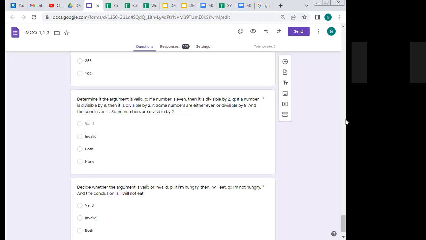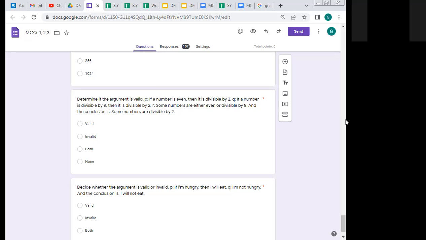Now I will prepare the propositions in terms of statements A, B, C. If a number is even, that is A, then it is divisible by 2, that is B. So P is A implies B. Now Q means, if a number is divisible by 8, then it is divisible by 2.